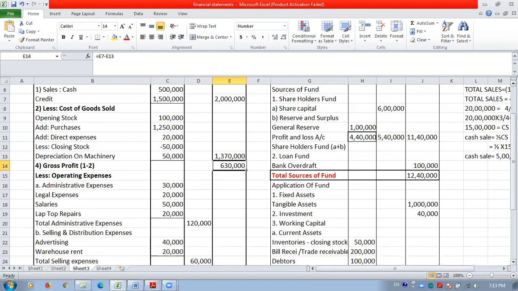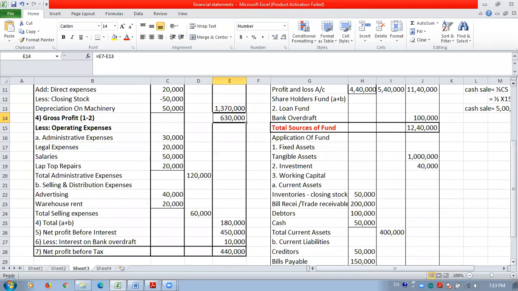Then, in order to calculate the profit before interest, we have to deduct all the operating expenses. But here we have only two expenses, administrative and selling and distribution. We don't have any finance expenditure, so these two items are deducted accordingly.